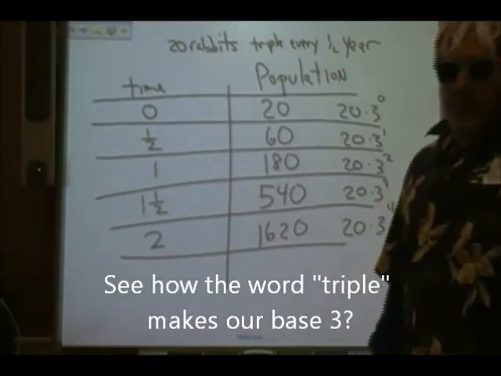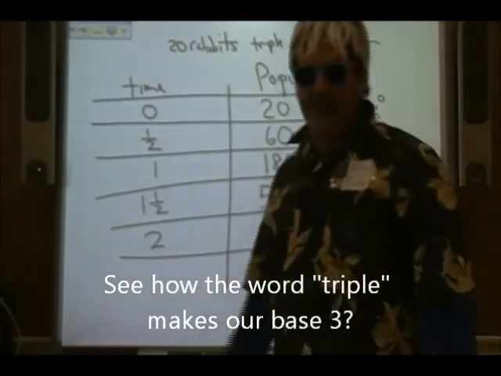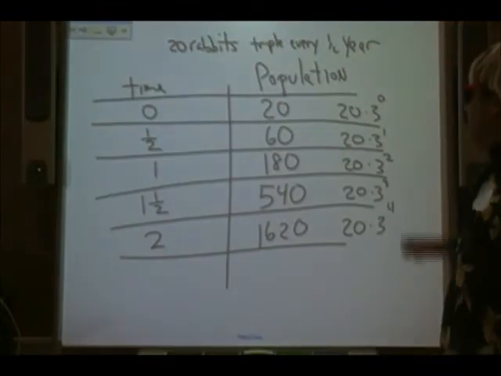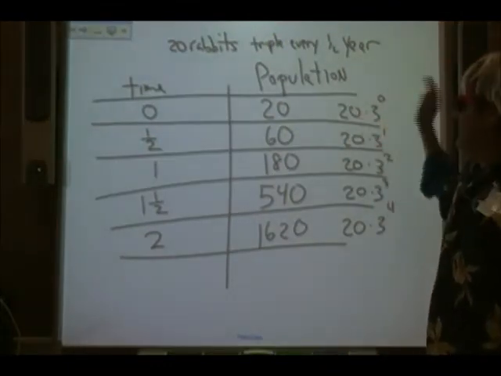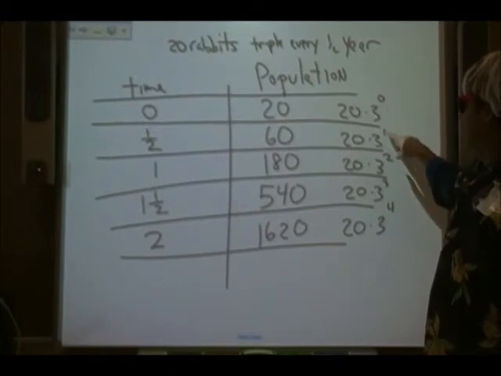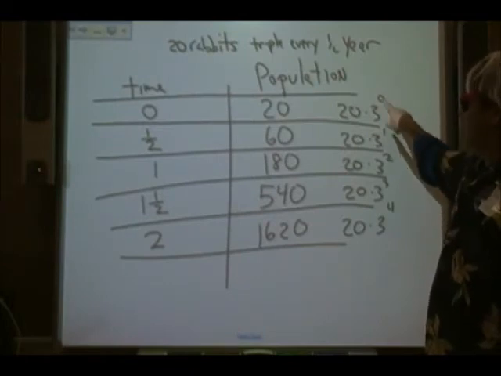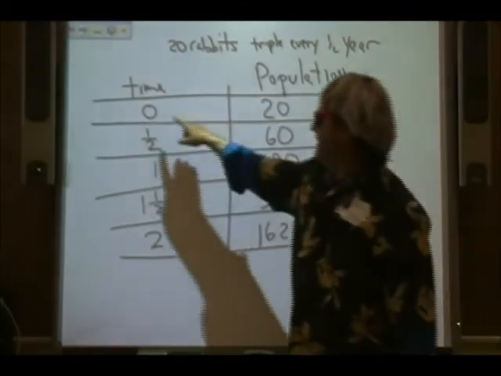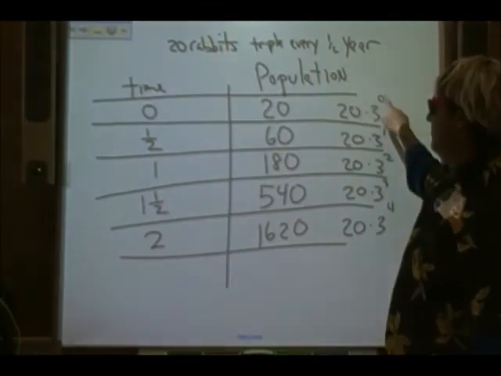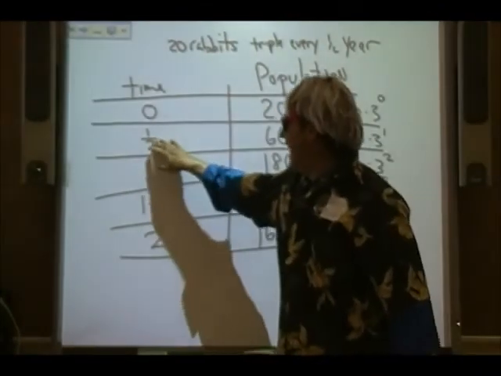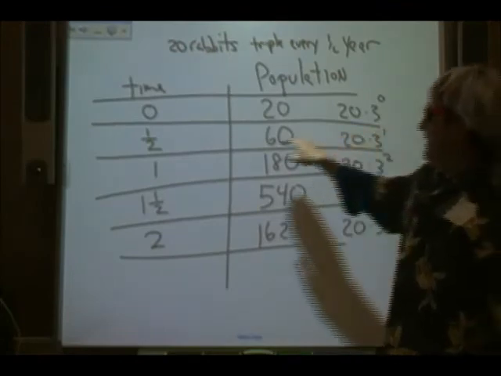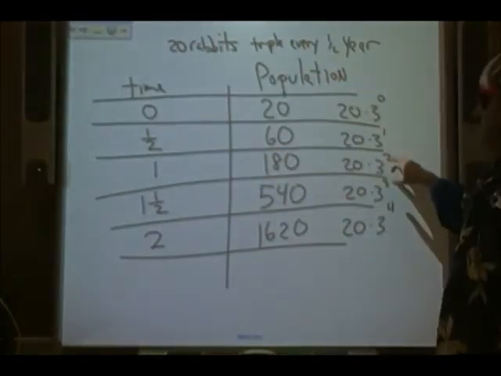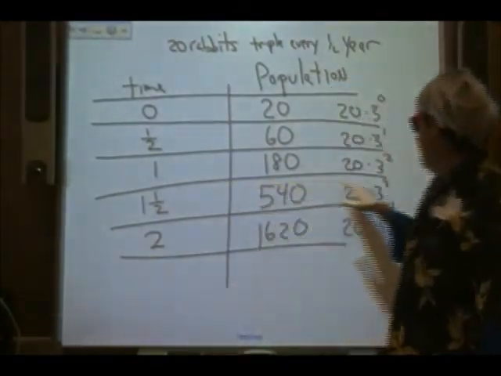So how can we come up with a major pattern to this? Well, you're going to start with 20 times 3, and look at the numbers here. The only thing that changes is that this 0 stays the same, but this 1/2 goes to 1. This 1 goes to 2. This 1.5 goes to 3.